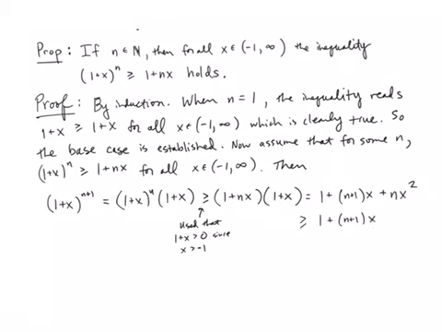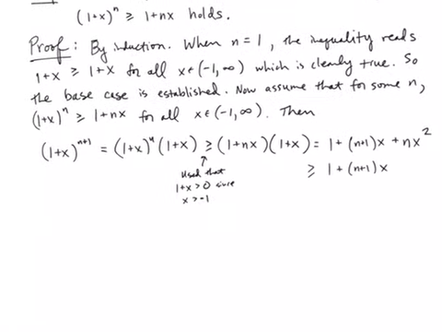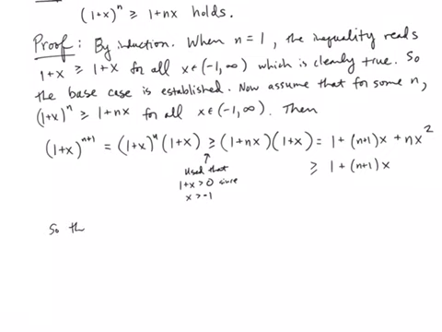And that is the P of n plus 1 inequality: (1 plus x) to the n plus 1 is bigger than or equal to 1 plus (n plus 1) times x. So the inductive step is complete, and with it, the proof. That is how your typical proof by induction works.